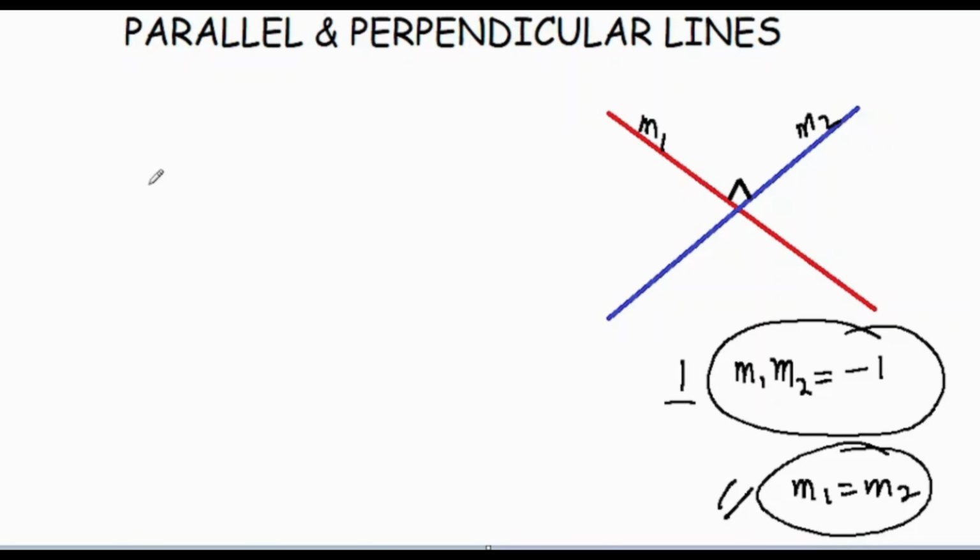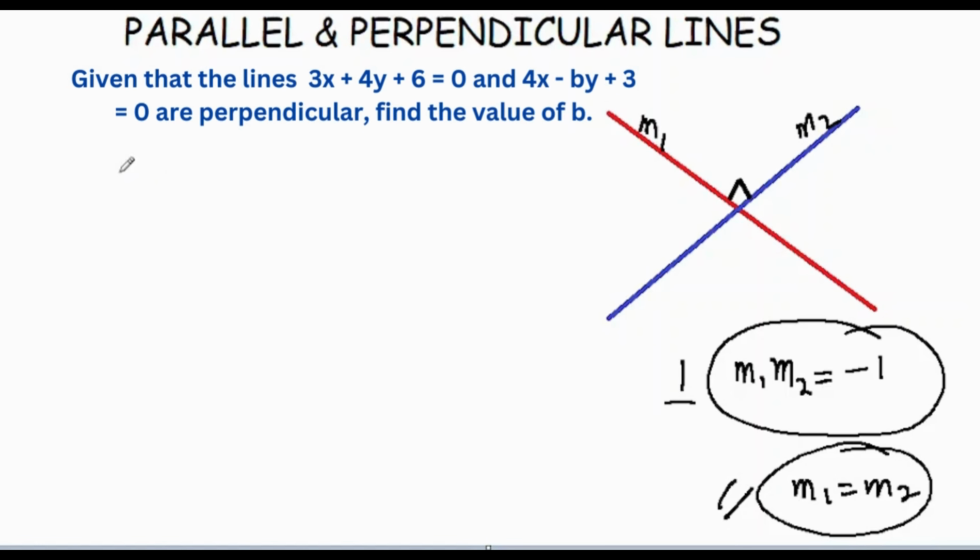Now, in this example, we are given an equation that's 3x plus 4y plus 6 equals 0. So let's convert this to slope intercept form, and that's going to give us 4y equals negative 3x negative 6, and divide all through by 4.